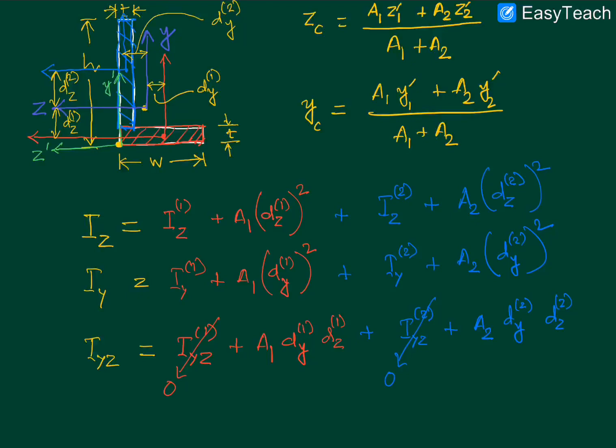If W is not equal to H, it really doesn't have any symmetry. So if you can get to grips with this L section, then you can get some idea on how to deal with unsymmetrical bending, considering all the general formulas.